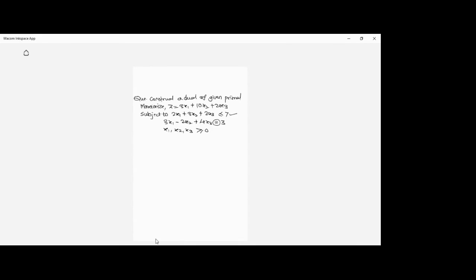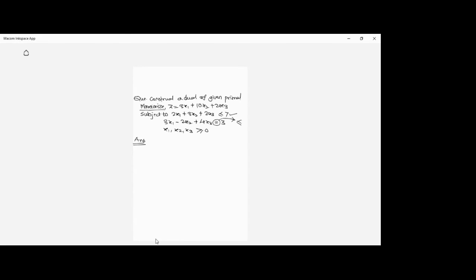Here it is an equal to type of sign, but if it is a maximization problem, what we have set in rules is that we have to convert this equal to sign into a less than or equal to sign, and then only we can move ahead. So before starting to construct the dual, you have to reframe this particular numerical, right?